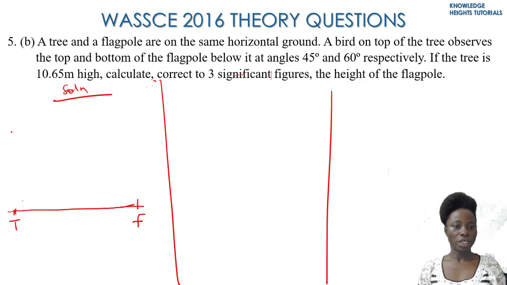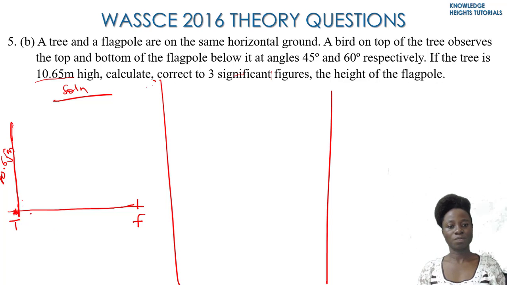So they lie on the same horizontal ground. And then we are told that the tree is 10.65 meters high, so the height of the tree is 10.65 meters.